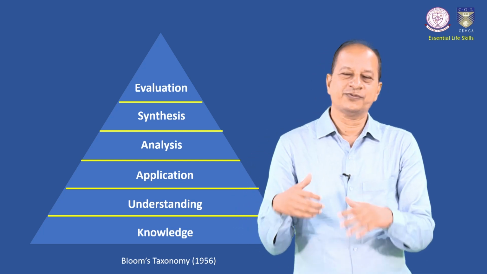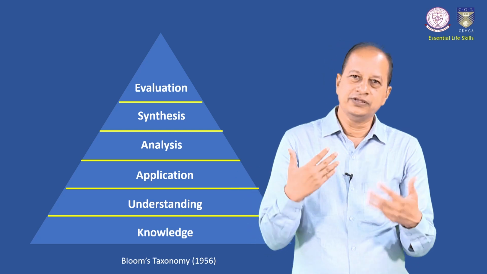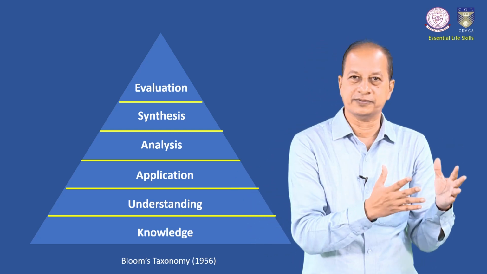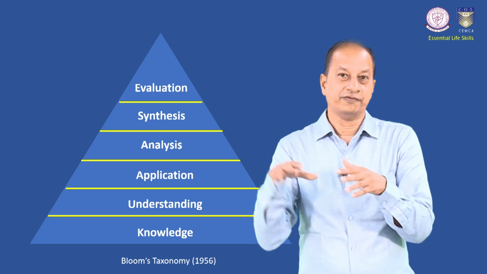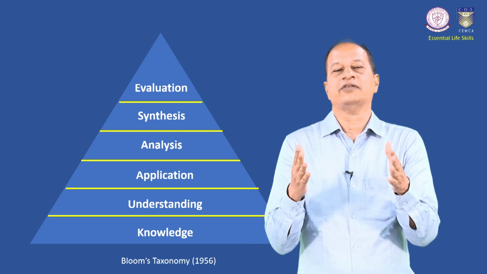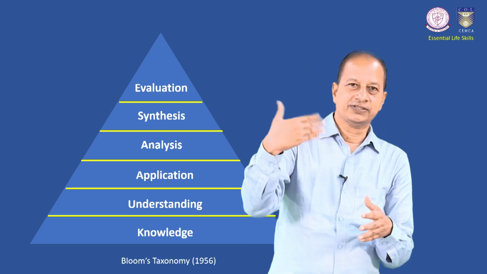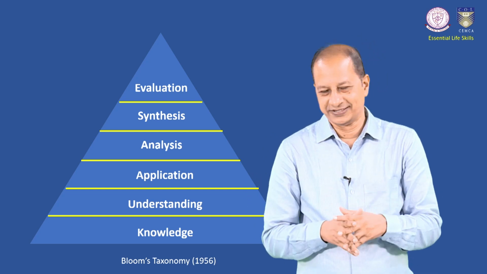It's very important that we determine the value of the material and methods that we use for a certain purpose. And the moment we are able to judge the value of this, we are doing evaluation. So these are the 6 very important components of Bloom's taxonomy.